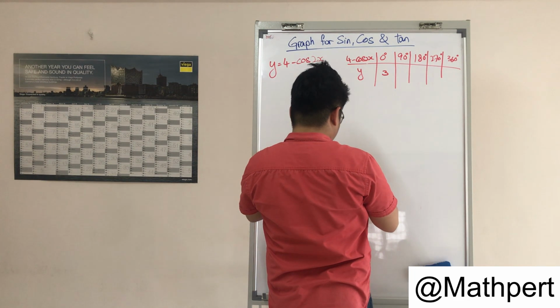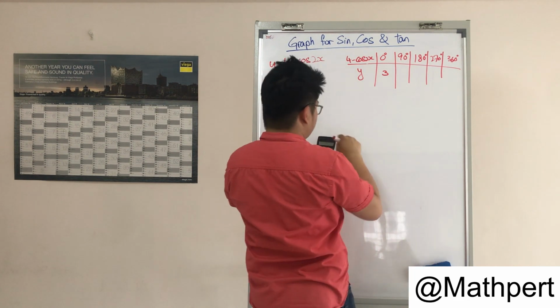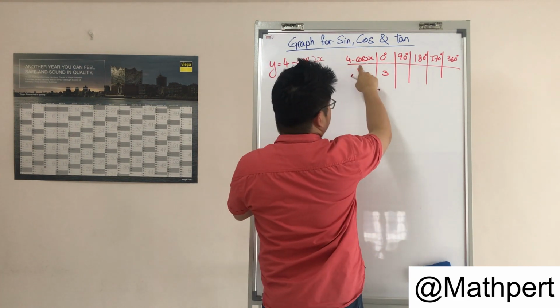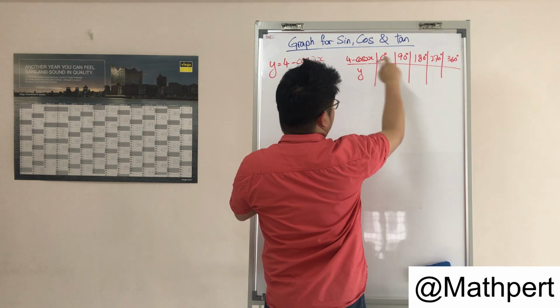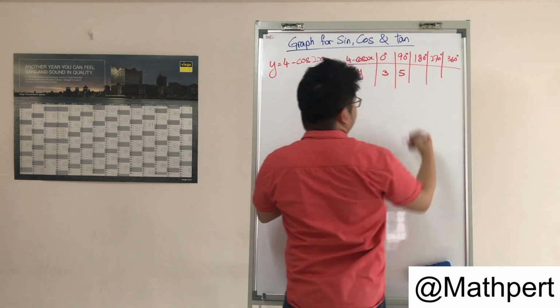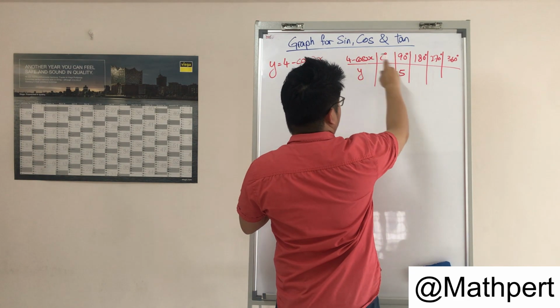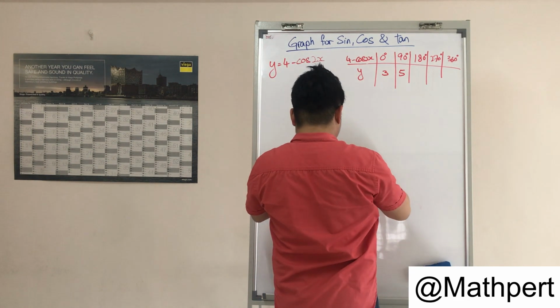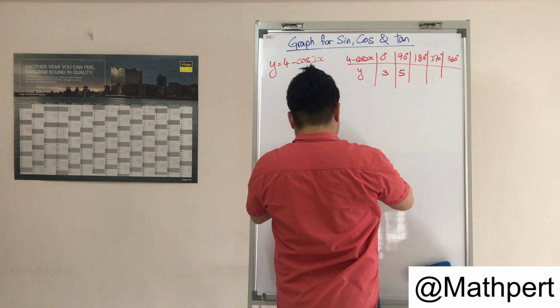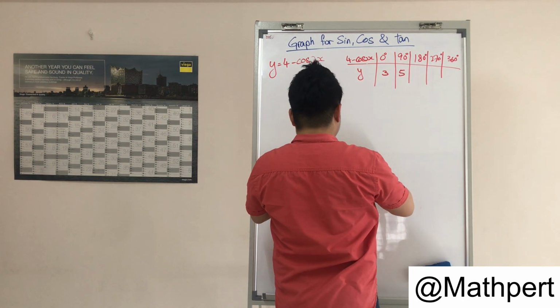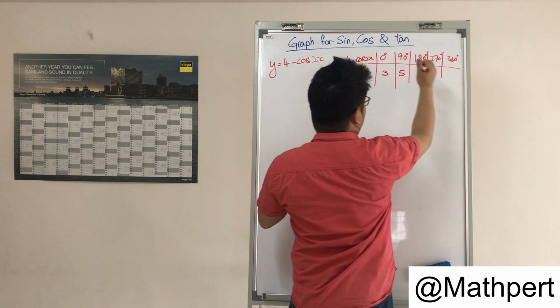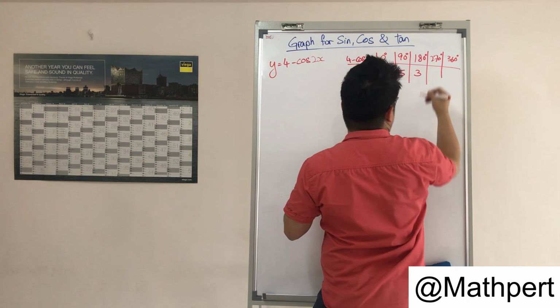Cos 180 is minus 1. 4 minus minus 1 is 5. Right? 180 multiply 2, we get 360. Cos 360, we get 1. 4 minus 1 is 3.